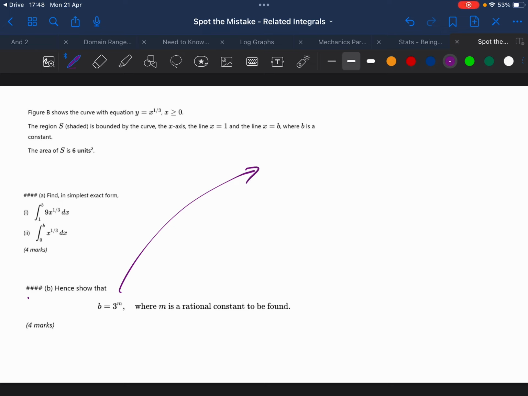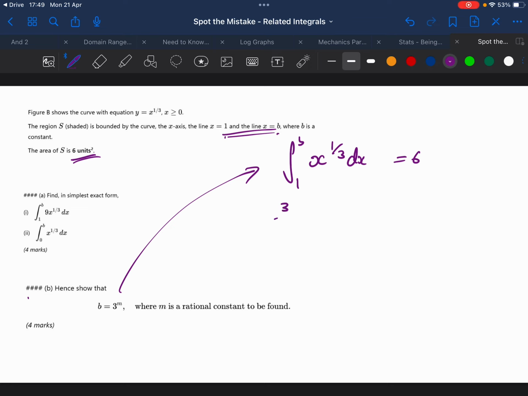So where does b come up? b comes up in the integral. I think I need to use the one that's the most complete piece of information. So let's go back to this starting integral from b to 1 of x to the third. So I know that this is equal to 6.